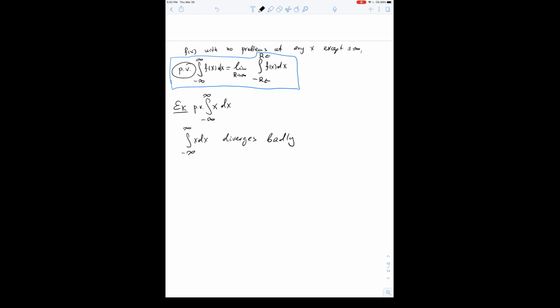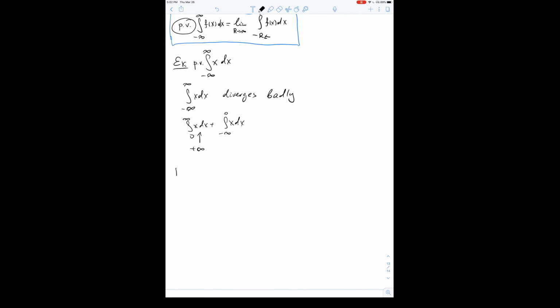Because if there are two problems with minus and plus infinity, then we should split it in two like this. And this thing is already plus infinity because x has an antiderivative and it's x squared over 2. When we plug infinity, we get infinity.